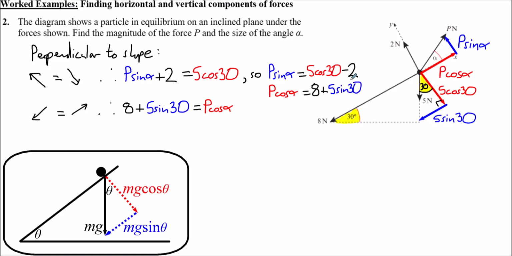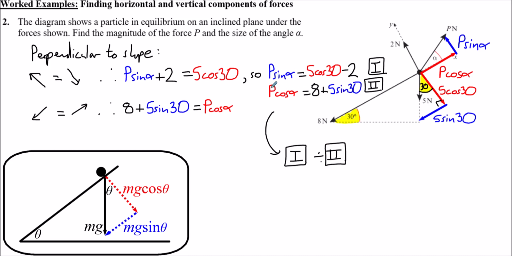Now we have a few ways to proceed. My suggestion here is if I label this equation 1 and that bottom one equation 2, I can then do equation 1 divided by equation 2. And if I do that, on this side, I'll have P sine alpha divided by P cosine alpha.